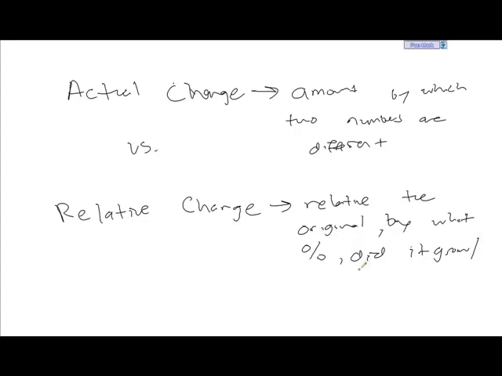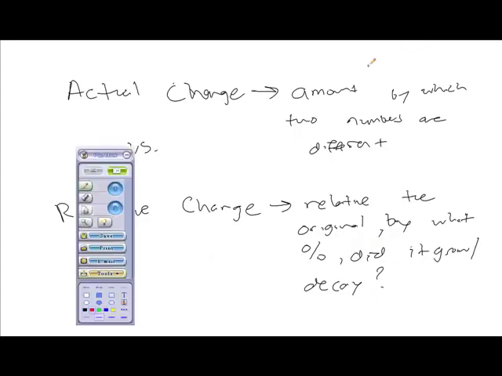Or not grow. So grow, or we'll say decay. Decay is a common word to represent something going down versus going up. Growing or falling would work just as well. So let's take a look at a couple of examples.